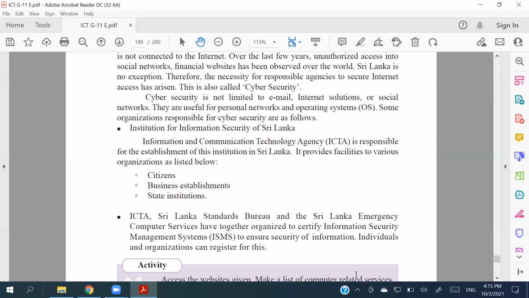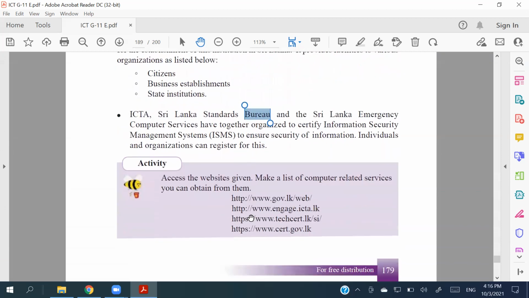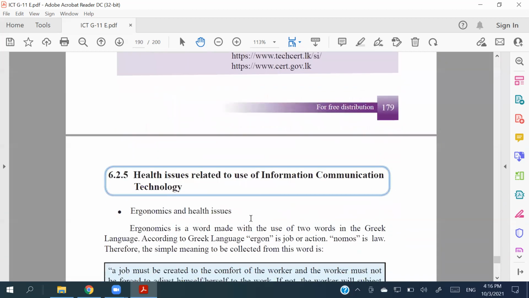So it is talking about three different organizations, which are ICTA, Sri Lanka Standard Bureau, and Sri Lanka Emergency Computer Services, right? So these kinds of institutes are the people who are taking care of cybersecurity issues, and are responsible for cybersecurity in Sri Lanka, right?